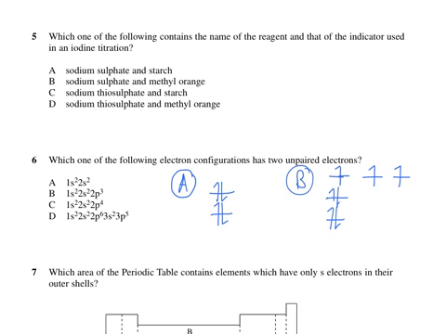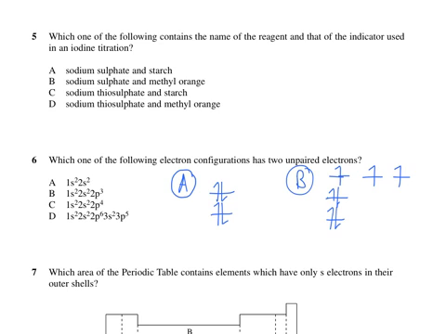And remember, electrons only pair up when they have to. So those 3 electrons stay unpaired before they start pairing up. And so you can see that in B we've got 3 unpaired electrons, so we don't have the right answer yet.